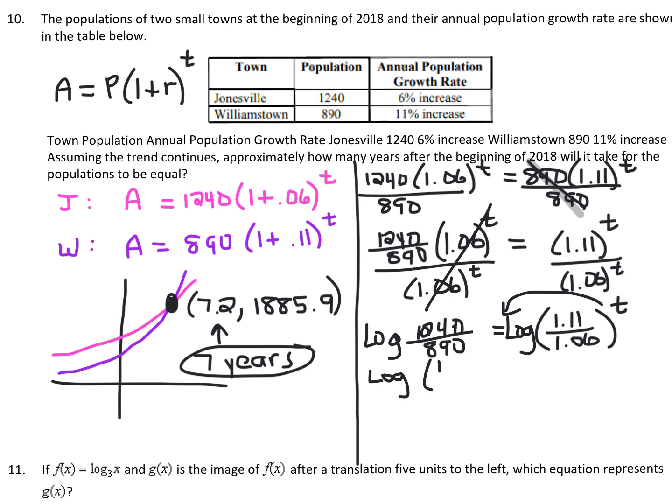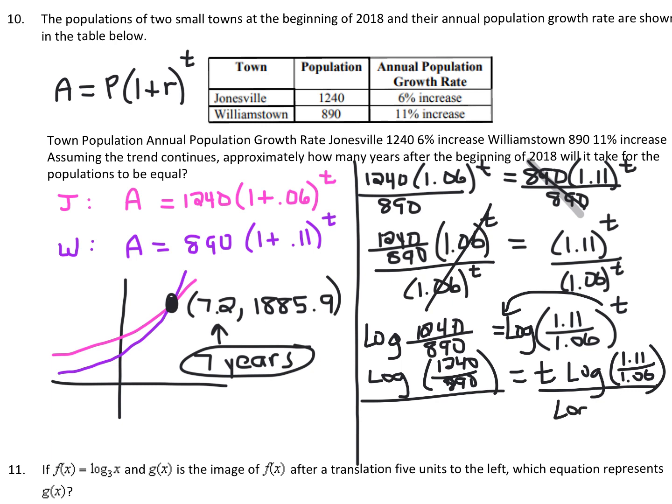I'm just going to put that in a parenthesis. You don't need it in a parenthesis, but if you want, you can. Sorry, that's supposed to say 890. Equals t times log of what's in this parenthesis. And now, to get the t by itself, all I have to do is divide both sides by log of 1.11 over 1.06.